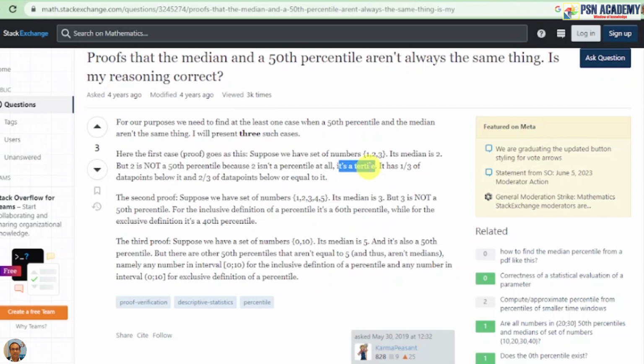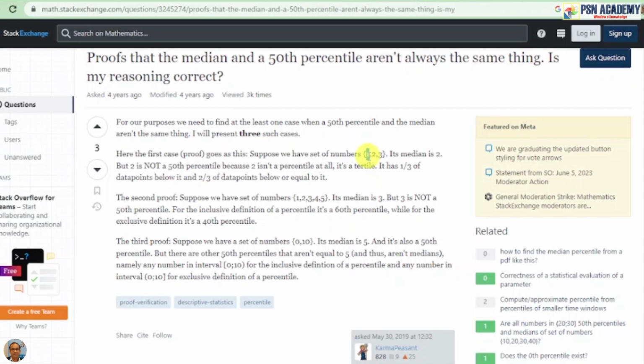So what is a tertile actually? It's a third location or the third position, every third interval of the total intervals. Okay, so every third position. So you see that it has 1/3 of data points below it. That means if you have this median as 2, then only one data point is there, that is 1, which is below 2.